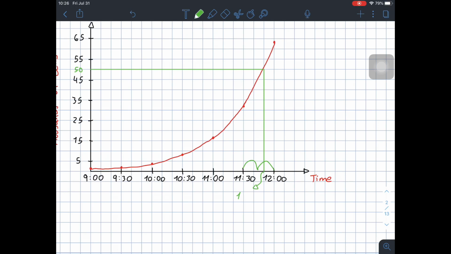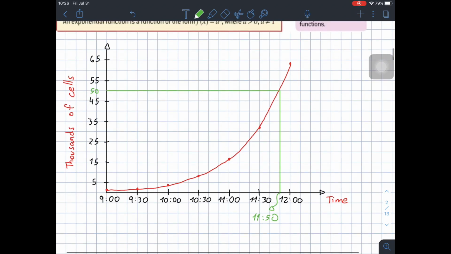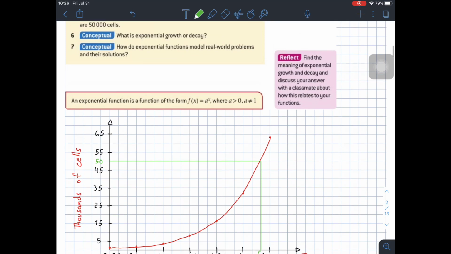No, 11:45. Yeah, let's say it's 11:50. Okay, so by 11:50, this population should be around 50,000 cells. Okay, so that's how we can solve this using our graph.